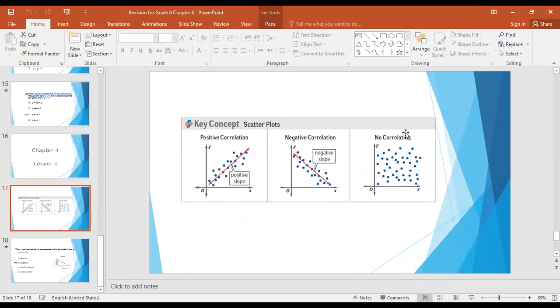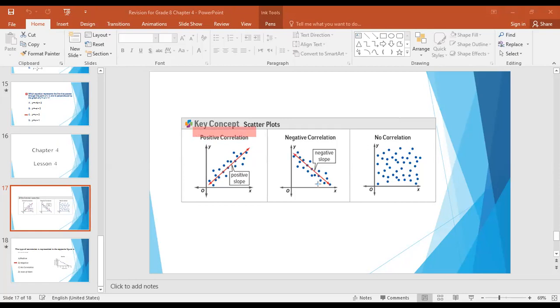Guys, if you remember, we studied scatter plots in lesson 4, and I said if we have a relationship between x and y, with two variables on the x-axis and y-axis, and you graph the relation between them, a positive slope means a positive correlation.